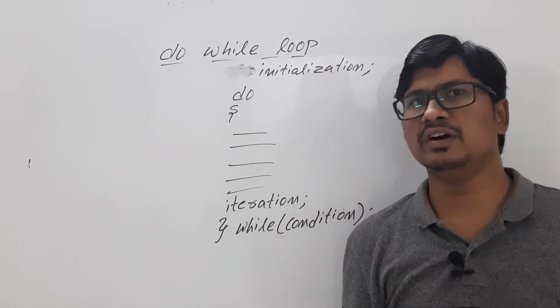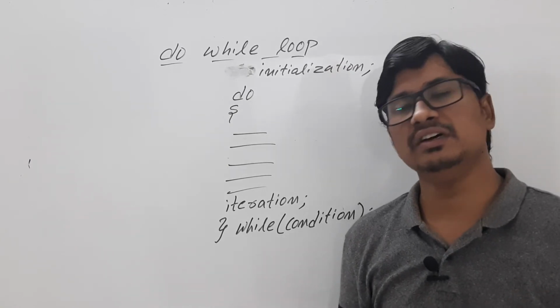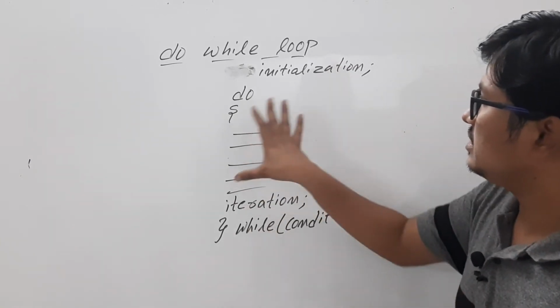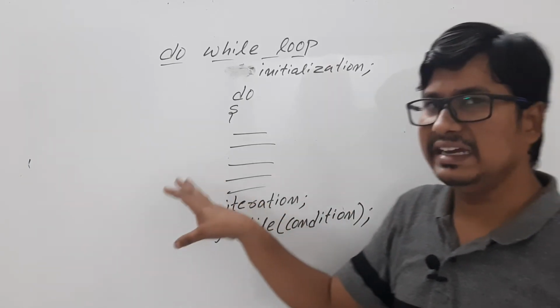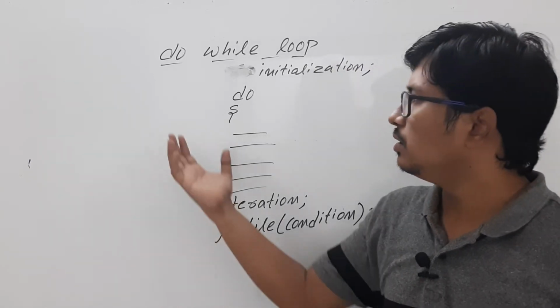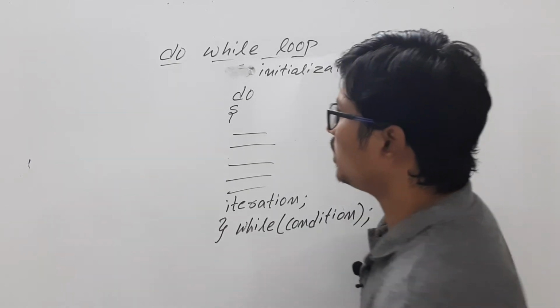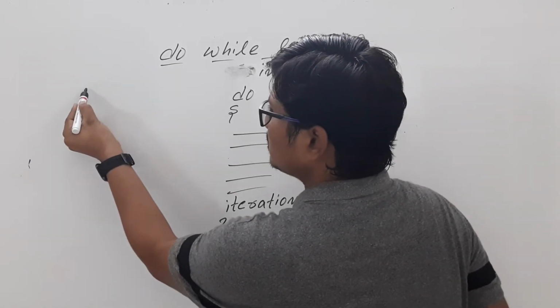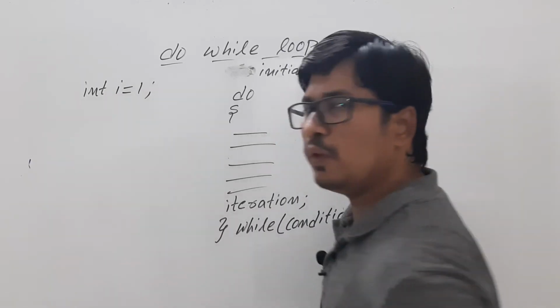This is one of the good questions you will usually be asked in interviews. So this is about the syntax of do while loop. Now let me write a simple logic to print the numbers from 1 to 10 using the do while loop. So what I will do, I will initialize int i is equal to 1.